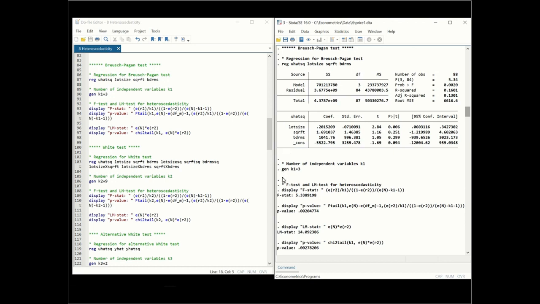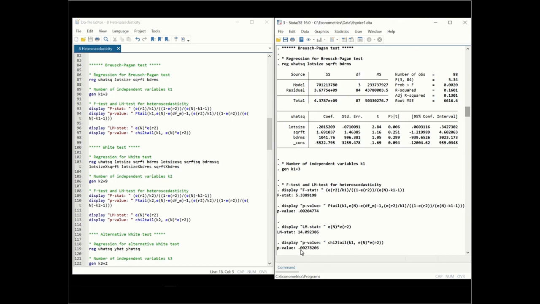We can alternatively use the LM statistic, which is n times the r square. So n is the number of observations, 88, times the r square, 0.16, and this would be the Lagrange multiplier statistic. And the p-value for that, because it's a chi-squared distribution, we get using chi2tail, giving it the degrees of freedom, which is 3 in this case, and then the LM statistic.